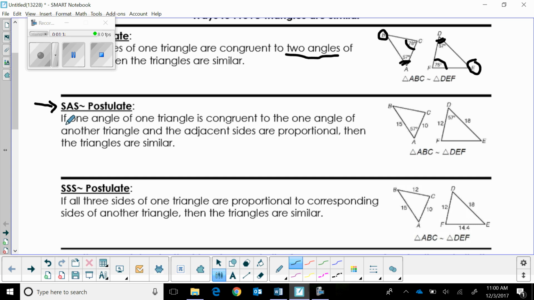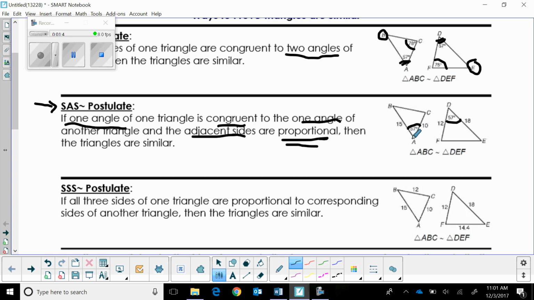Okay, the second postulate is side-angle-side. And it says if one angle of a triangle is congruent to an angle of another triangle, so let's look at that. We got 57 degrees here and 57 degrees here, so we have congruent angles. And the adjacent sides are proportional. So that means the sides on either side of the angle.